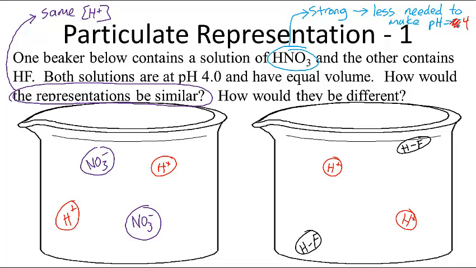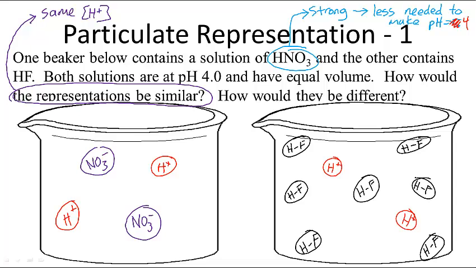And does a relatively high percentage or a relatively low percentage of weak acid molecules dissociate? Relatively low. So probably if there's 2 H+, there's going to have to be a bunch of HFs in here. Maybe more than I could even draw. I don't know. What else has to be in there?